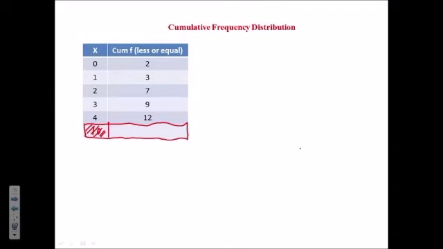Would it make sense to sum up the cumulative frequency column? Well, that's going to be 12 and 12, 24, 33. Does that have any meaning in this problem? No. So with a cumulative frequency chart, do not sum the columns. That would be meaningless.